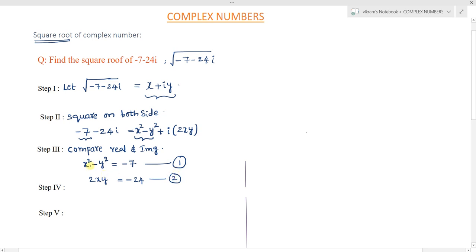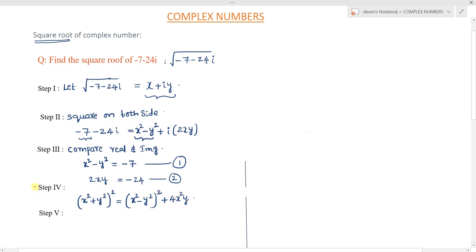Here clearly we have x square minus y square. So in order to obtain x square plus y square, we use the formula: a plus b whole square equals a minus b whole square plus 4ab. That means x square plus y square whole square equals x square minus y square whole square plus 4x square y square.